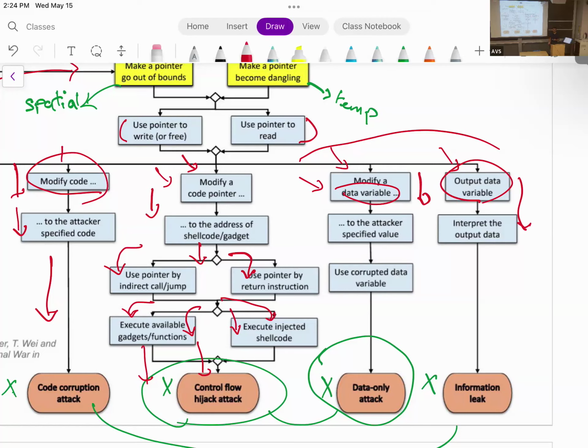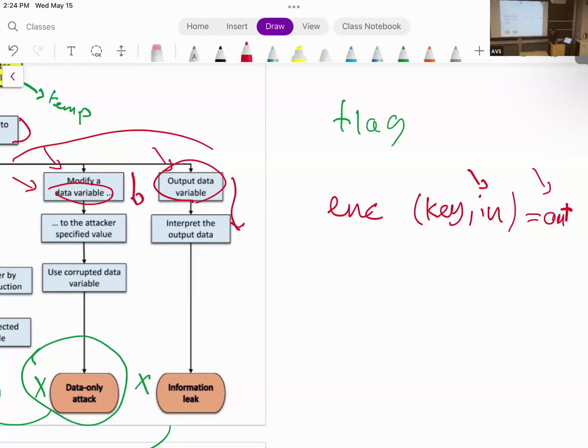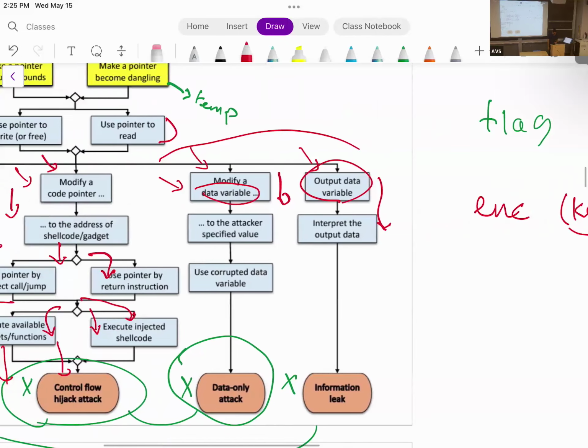So for example, think about an encryption algorithm that, based on the key and the input, I'll see an output. If the adversary can control this input and output, they can maybe create some form of a mathematical formula to extract the key, right? So here, I don't want to corrupt anything. I just want to know what is the key, okay?